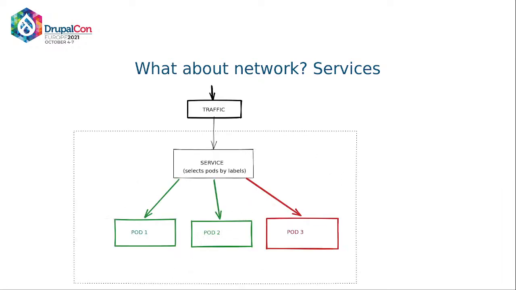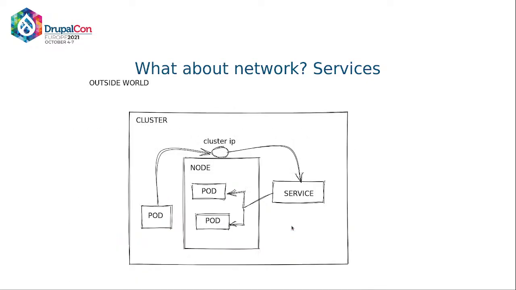Generally, we have some sort of request that contacts a service, and the service finds the pods that meet some sort of criteria and redirects traffic to those pods. So for example, pods 1 and 2 match some condition and pod 3 does not, so it will not be part of the communication.